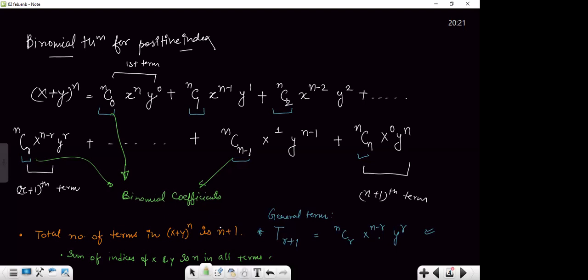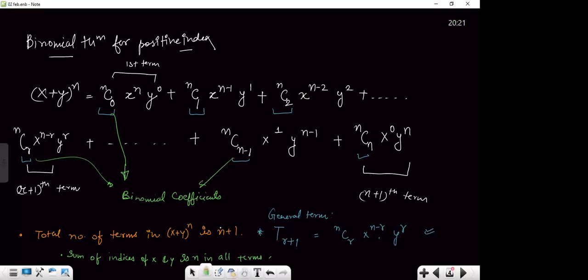And also, as we were discussing nCr being equal to nC(n minus r), it means the binomial coefficients which are equidistant from the starting and the end will be equal. Like nC0 is equal to nCn, because 0 plus n is n, and nC1 is equal to nC(n minus 1).